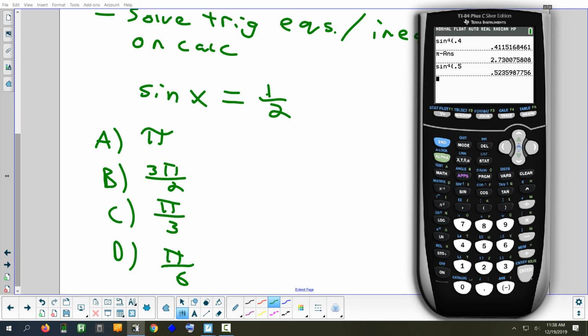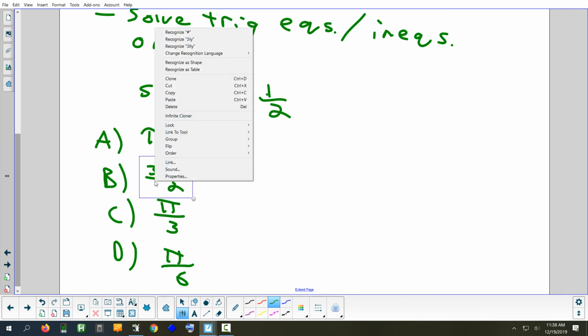How can you figure out which one that matches up to? Calculate all those out. It's not this one. It's not 3.14. Anyone have a guess which one it is?